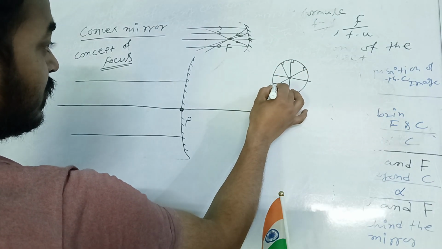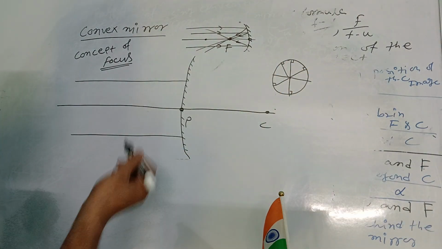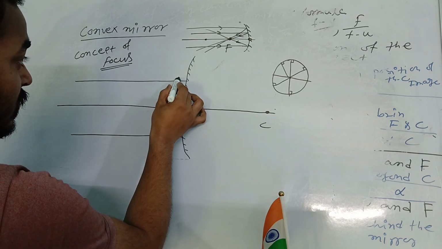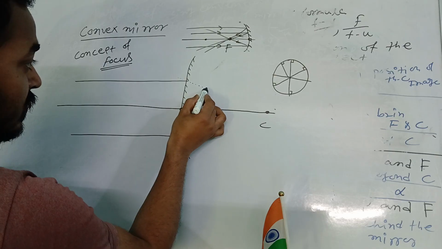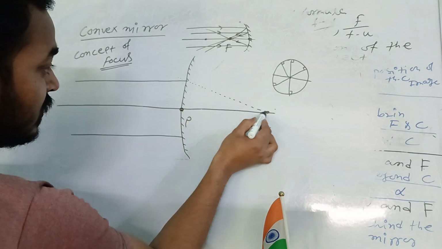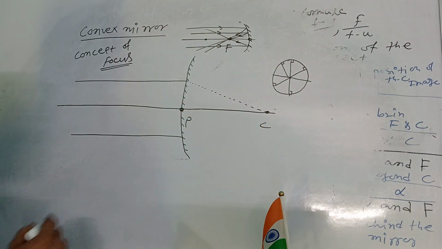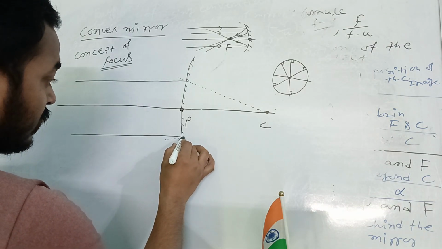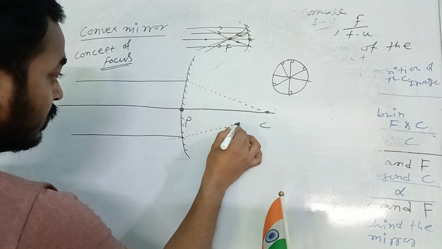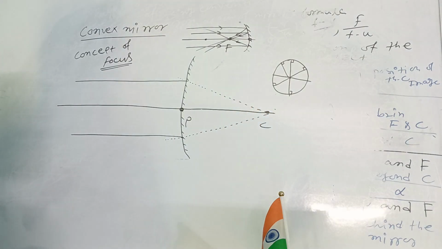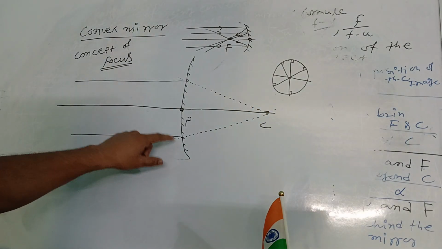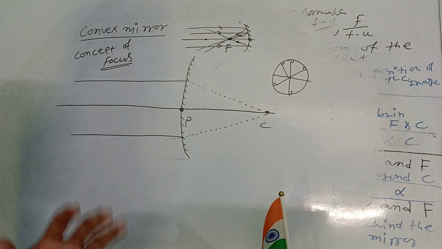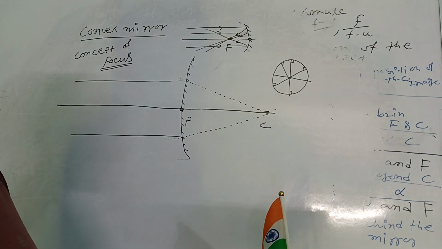So if I draw a normal at this point, it is an imaginary line which is passing through the center of curvature. So this is the normal at this point. All the angles are measured from the normal. Don't confuse.